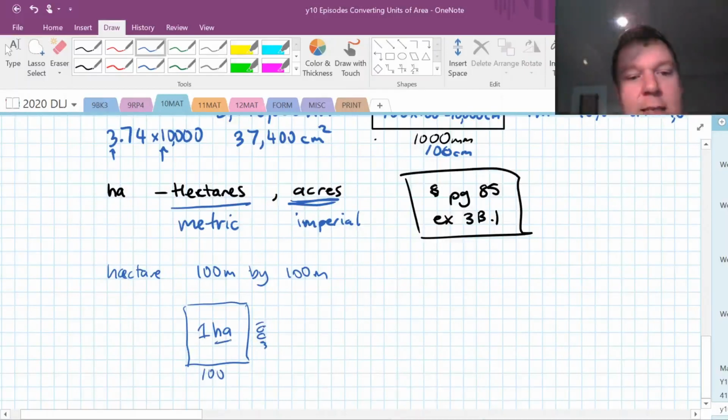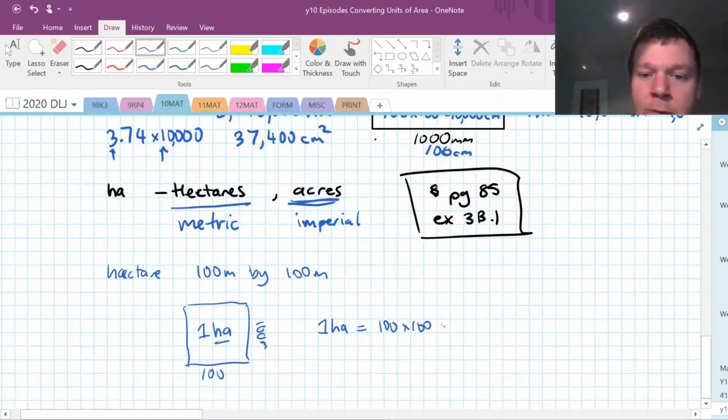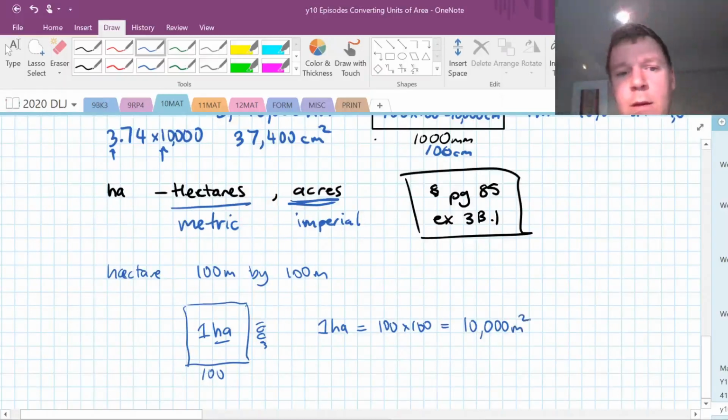So 1 HA is hectares. So 1 hectare is equal to 100 times 100, which equals 10,000 meters squared.